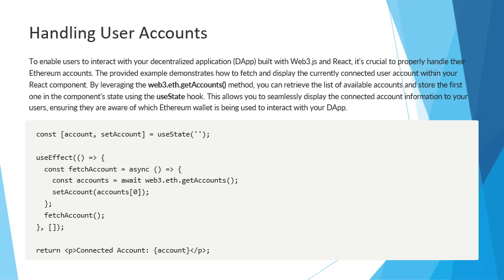By using the web3.eth.getAccounts method, you can retrieve the list of available accounts and store the first one in the component state using the useState hook. This allows you to seamlessly display the connected account information to your users, ensuring that they are aware of which Ethereum wallet is being used to interact with your dApp.